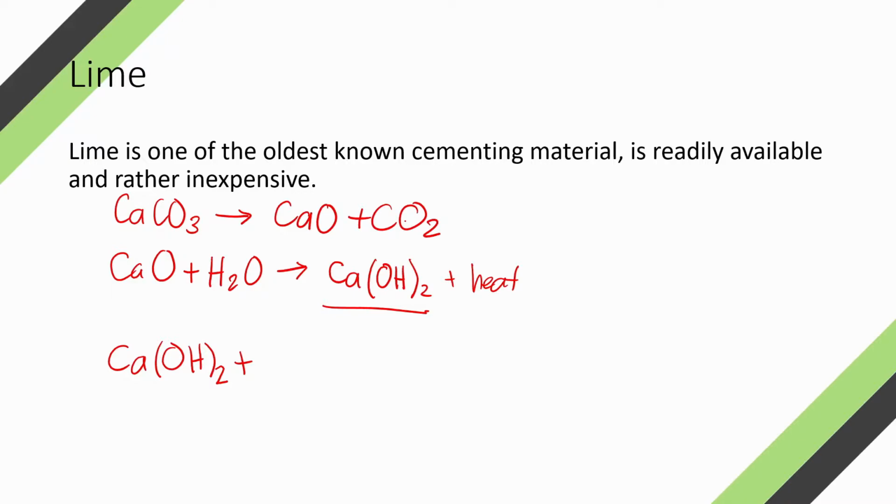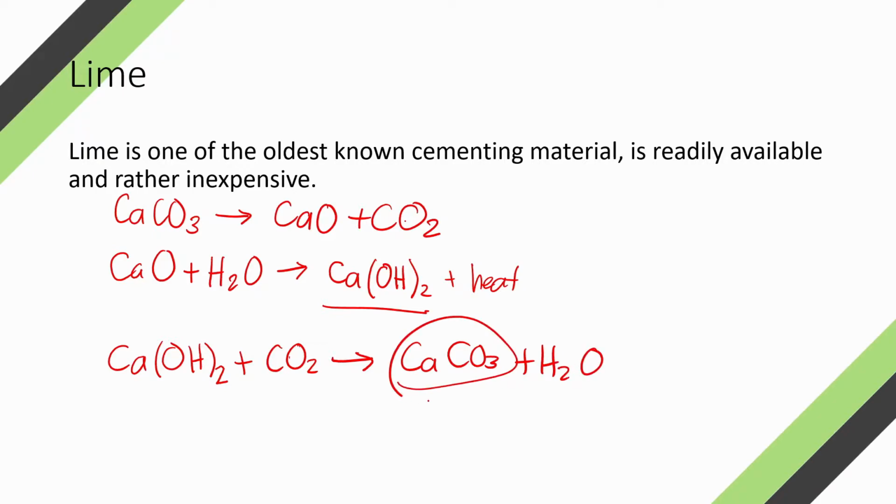And then, para mag-harden siya, kailangan niya ng carbon dioxide. So, magre-react siya with carbon dioxide, CO2. And then, yung ating slaked lime will be turned into CaCO3 plus H2O. So, babalik siya into a lime.